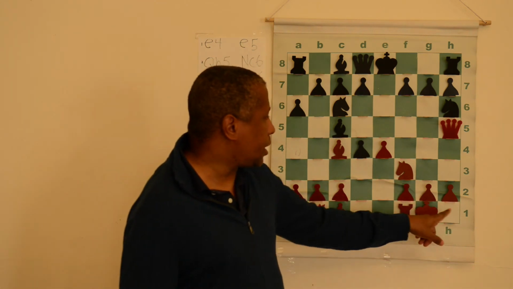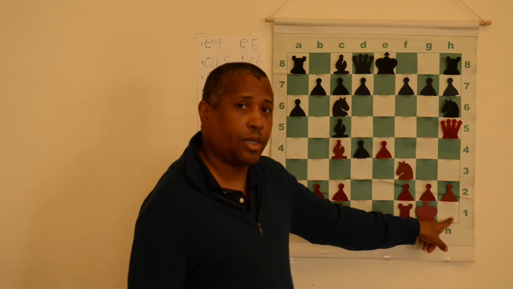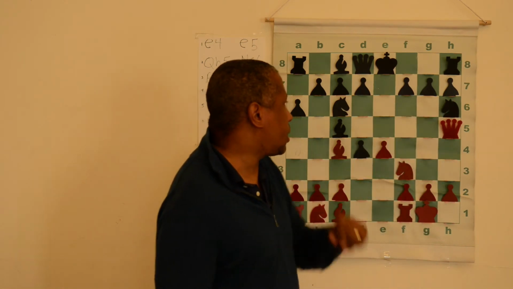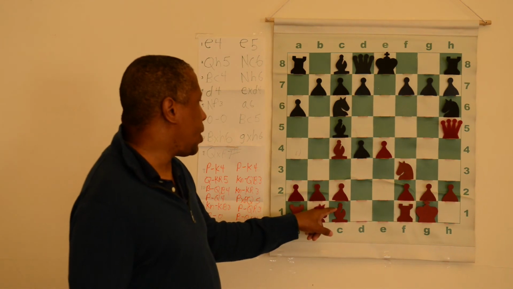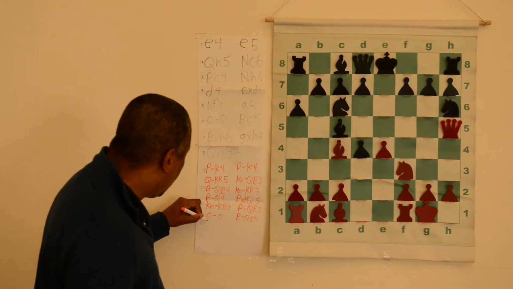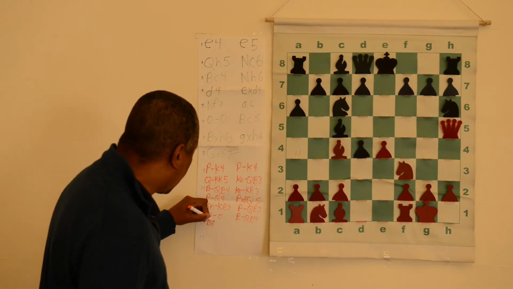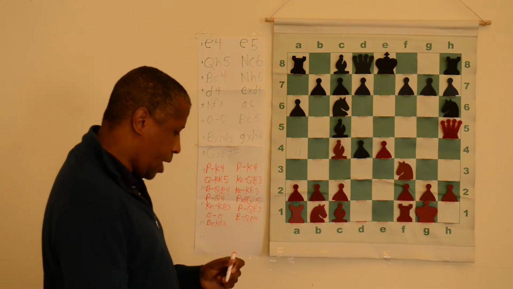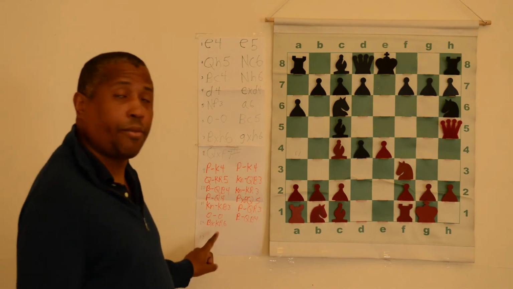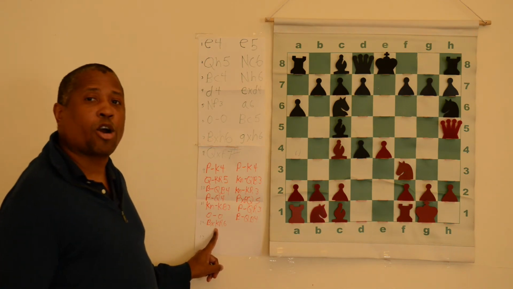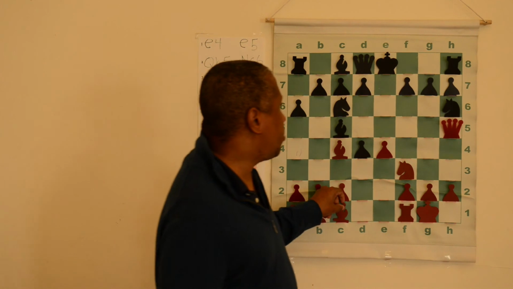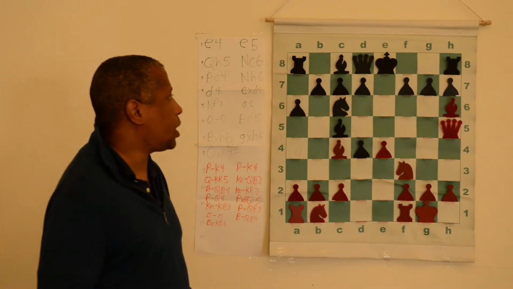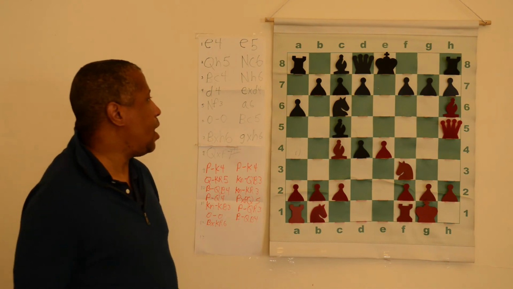And which file is it? It's the king's rook file. And it is king's rook 6. So we would write BX KR6. So that's bishop takes king's rook 6.